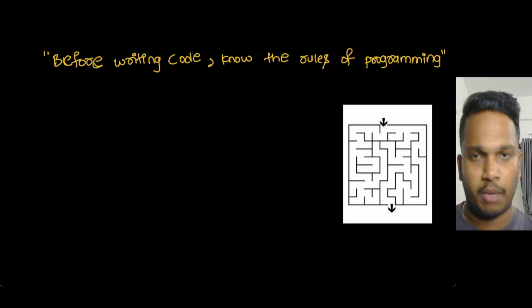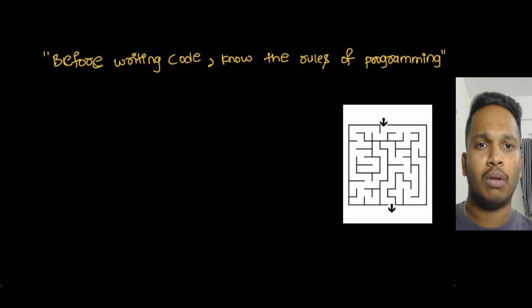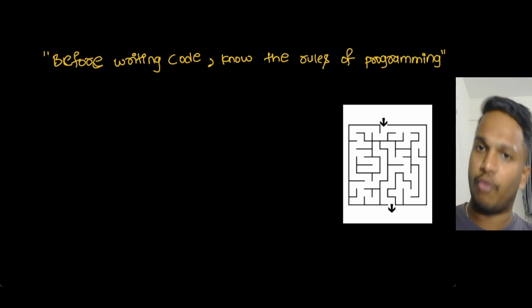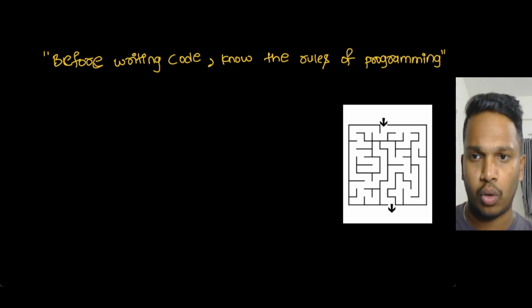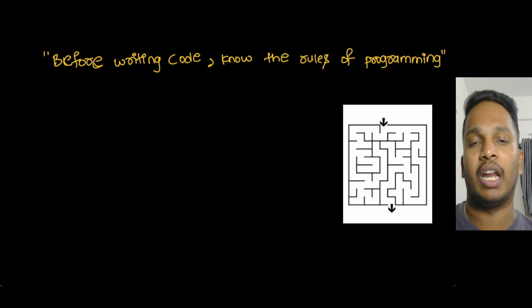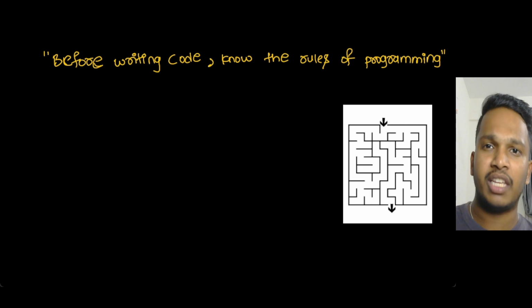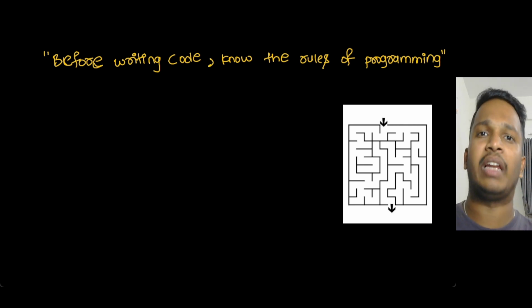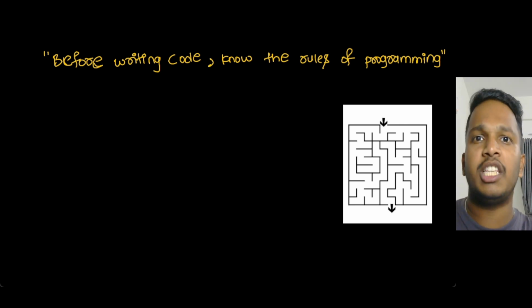As part of our Python programming series, we are going to learn a new concept. Before we start writing real code, we need to know some basics. This is not only for Python, but for C, Java, C++, whatever programming language you are learning. These are essential basic rules and principles of coding.